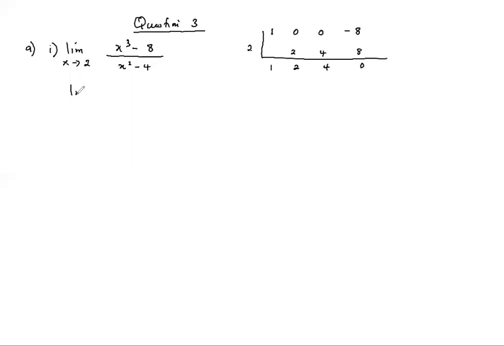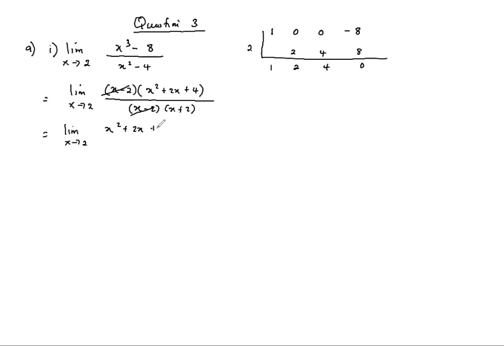So the numerator becomes (x minus 2) times (x squared plus 2x plus 4). The denominator, difference of 2 squares, and then this factor and that factor cancel each other. Then you remain with the good factors.